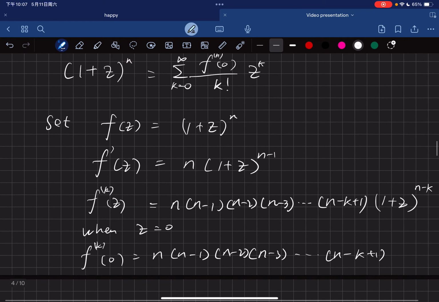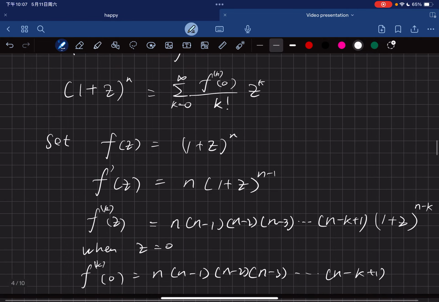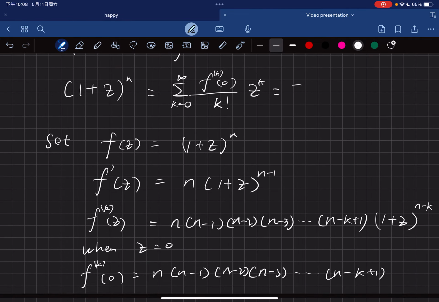So we can simplify the equation: there is n times n minus 1 until n minus k plus 1, over k times k minus 1 until 1, right?